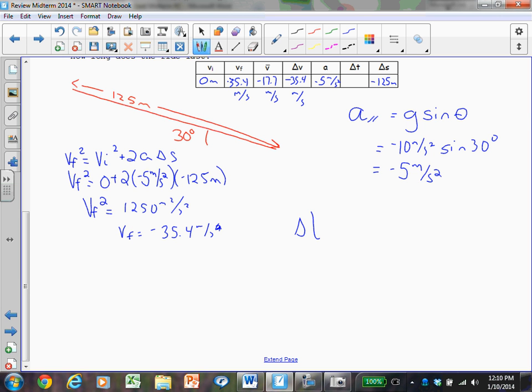From the previous problem, we know delta T is delta V over A, for about 7 seconds, right? .1 seconds. Okay? Is that clear? No response?